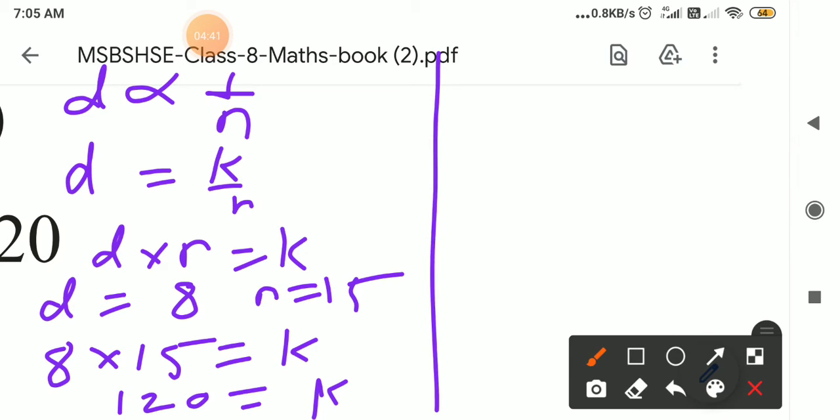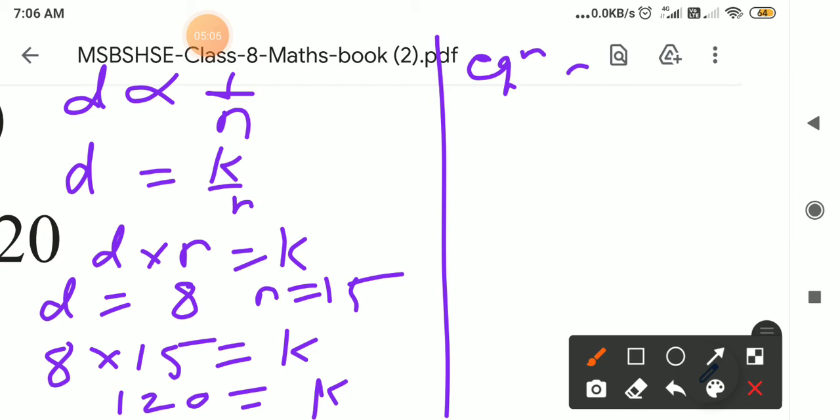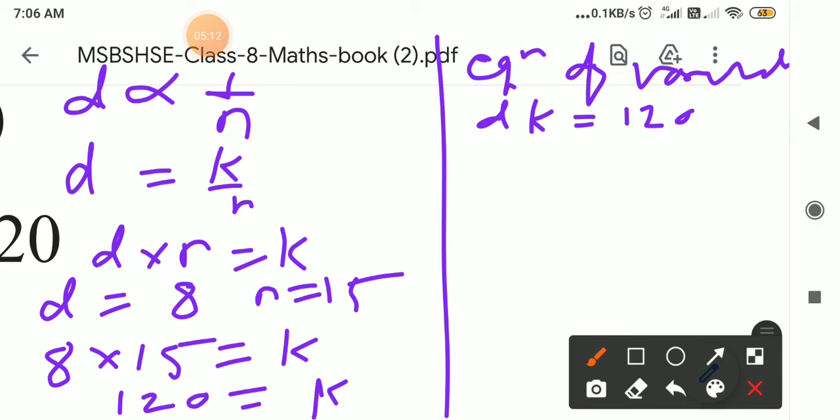Now, if the days are 6 in the question, how many workers are required to finish the same work in 6 days? That we have to find out. So first of all we have to find the equation of variation. The equation of variation is d into n is equal to 120.